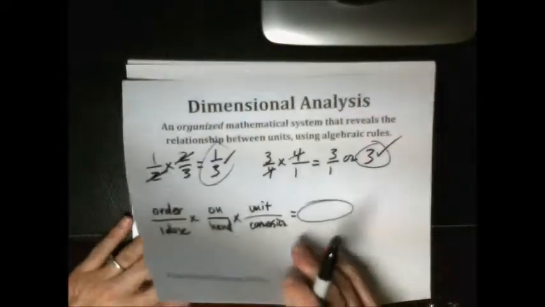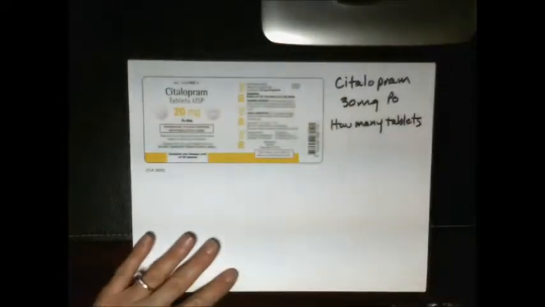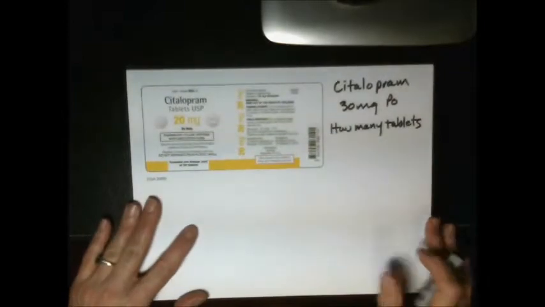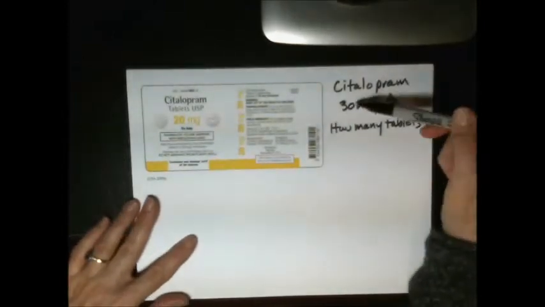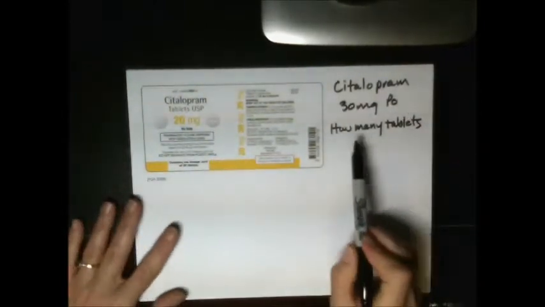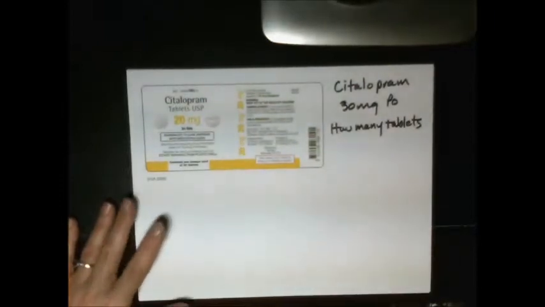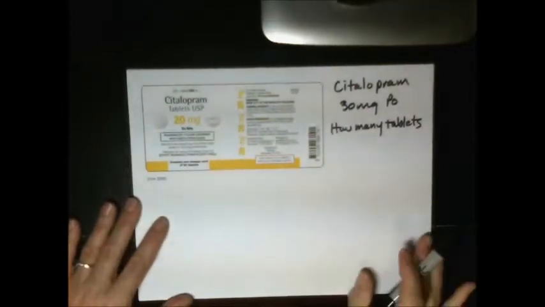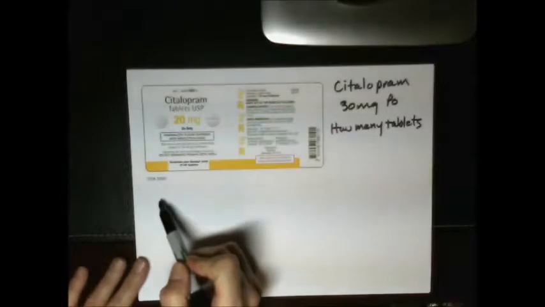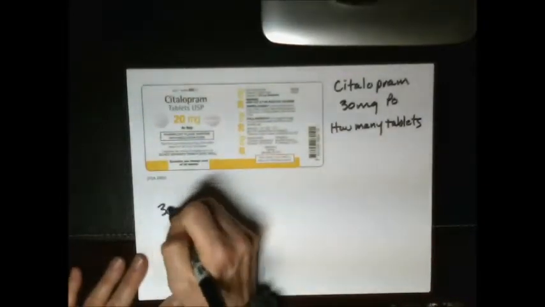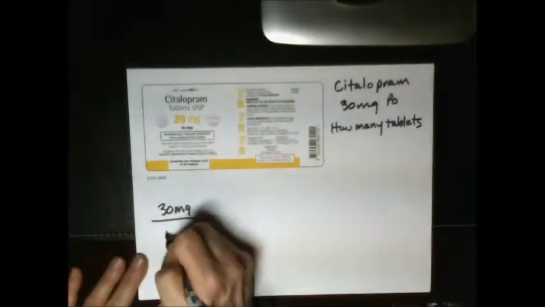Let's practice a few problems. Our order is for citalopram, 30 milligrams PO, and we want to know how many tablets to administer. So we're going to start by putting our order on the left-hand side in an organized fashion. We want 30 milligrams over 1 dose.